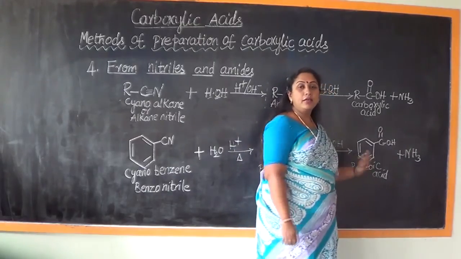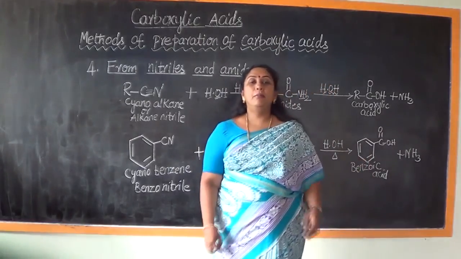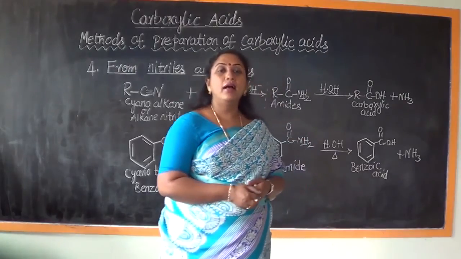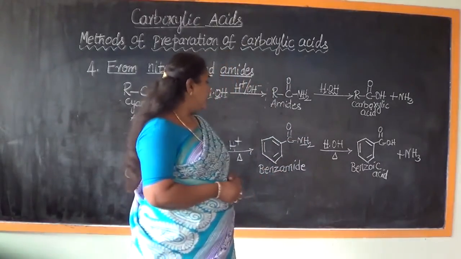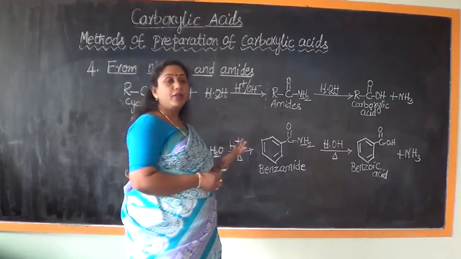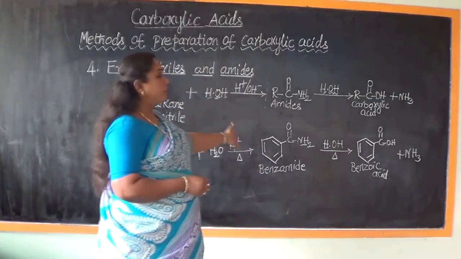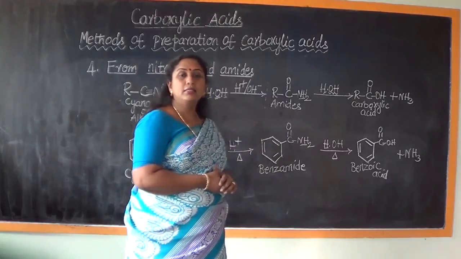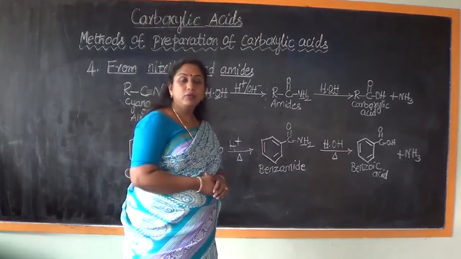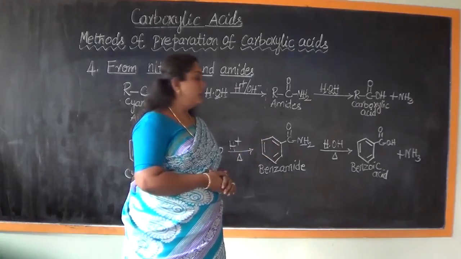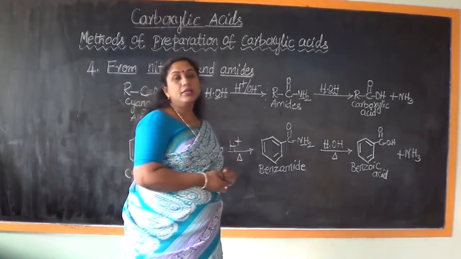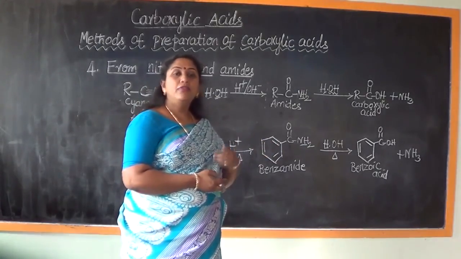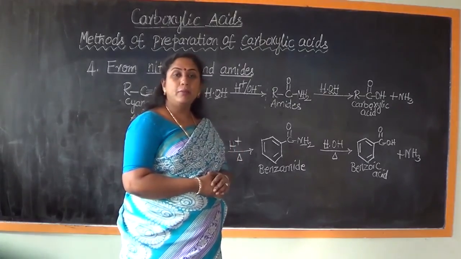What would be the correct IUPAC name of this compound? Benzene carboxylic acid. So like this, either starting from nitrile or from amide, we will be able to obtain carboxylic acid, subjecting it to the process of hydrolysis. In the next video, let us continue to understand a few more methods of obtaining carboxylic acid.